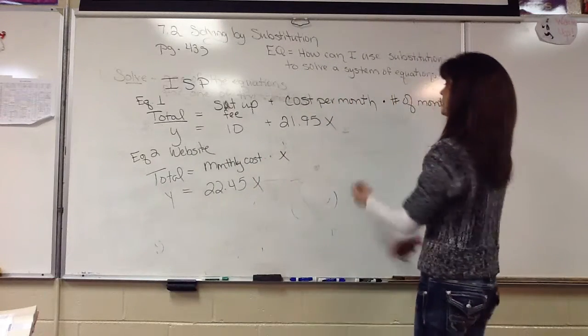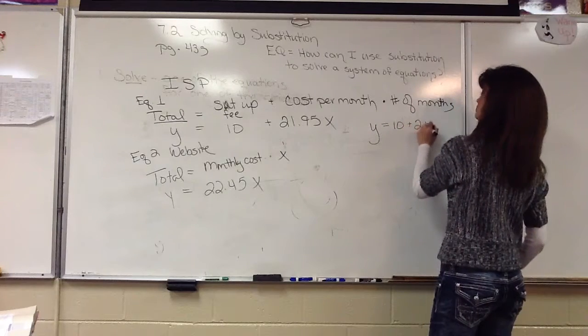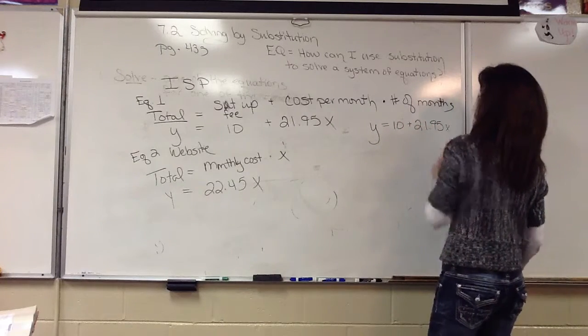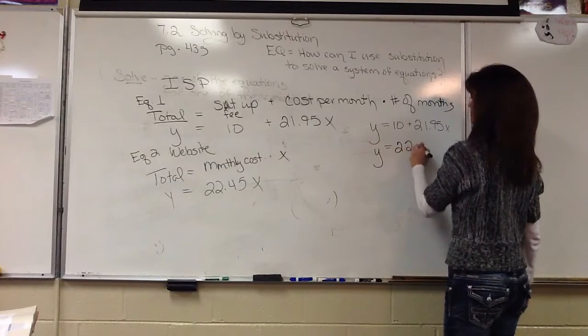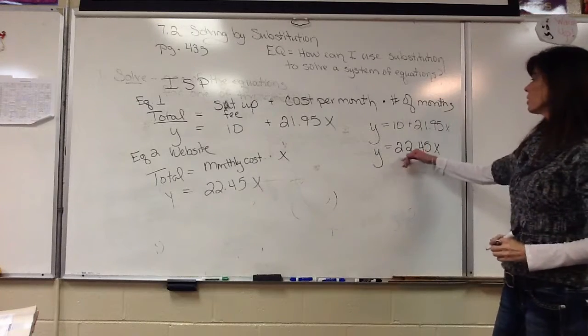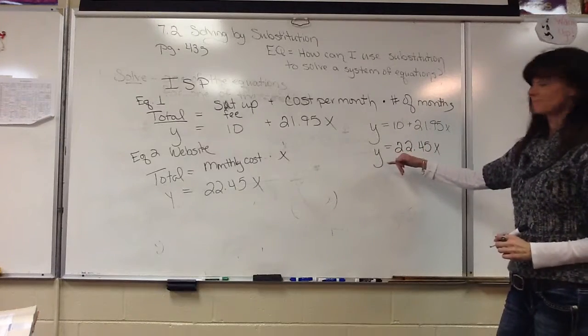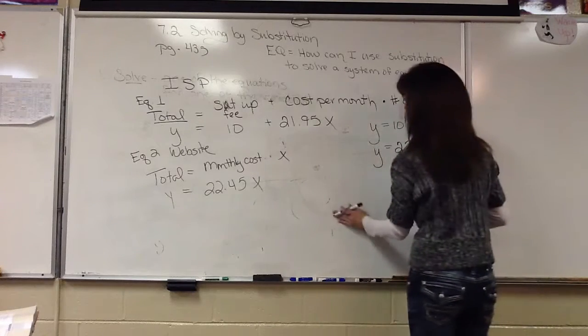So we see here we have the two equations. y equals 10 plus 21.95x, and then y equals 22.45x. Well, if you'll notice here, we're already solved for y in both equations. So all I have to do is set these equal to each other.